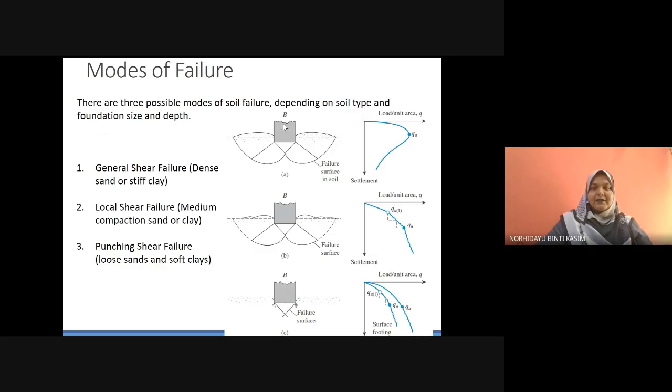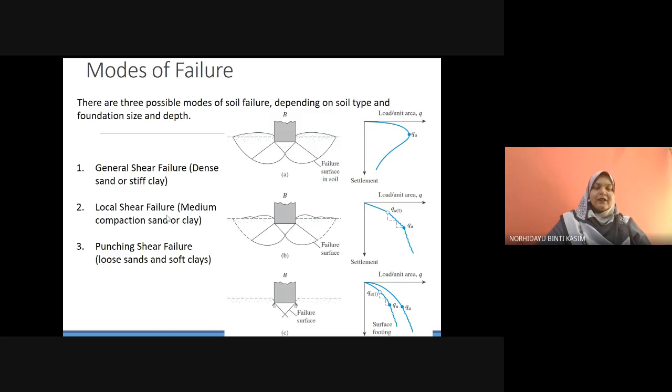Okay, so this is the mode of failure. We have three types of modes. First, we have general shear failure, which usually occurs in dense sands or stiff clay.